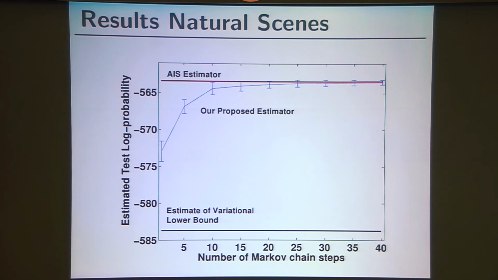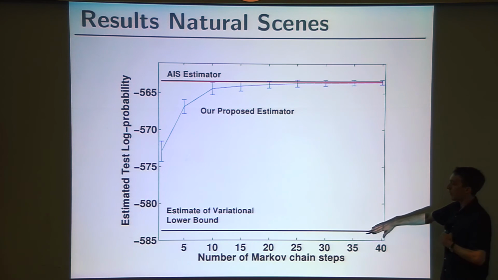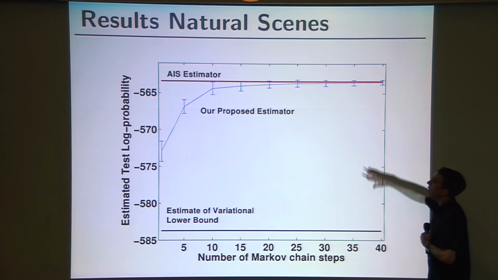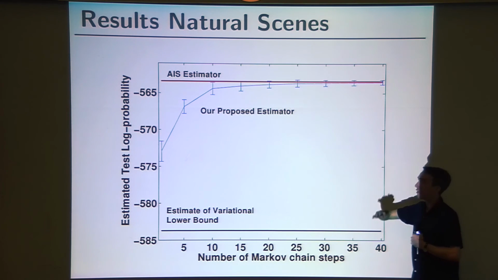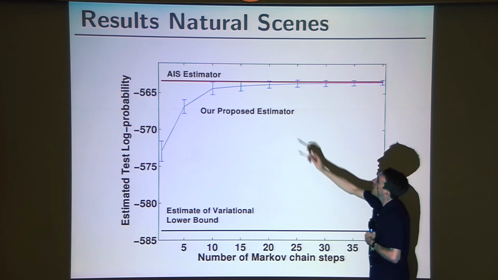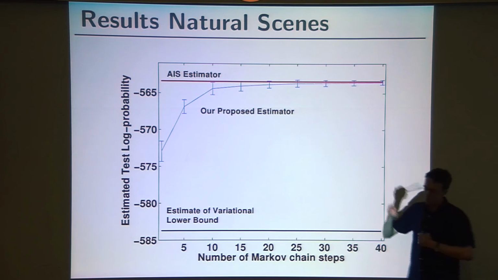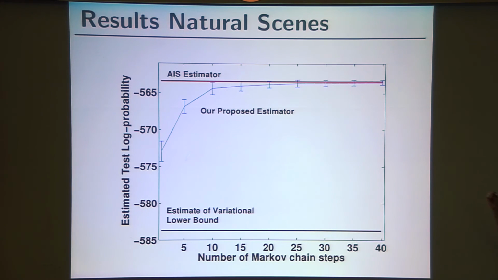Here's an example result of what happens when you fit a deep belief network to natural scenes. You get some variational lower bound on the performance. I'm not a big fan of variational methods because they're often way off. If you do AIS for every test image, so you've got a big cluster and you're prepared to burn computer time to write a paper, then the red line shows what test performance we think this model has, and the blue is our fancy estimator that I encourage you to go and read about if you ever need to evaluate this sort of model.